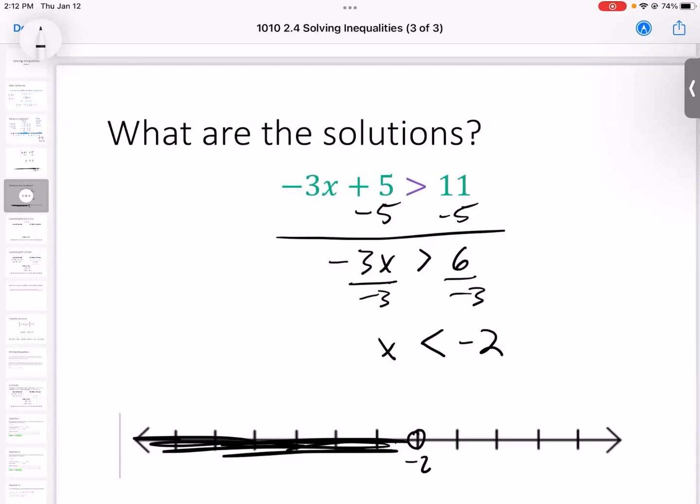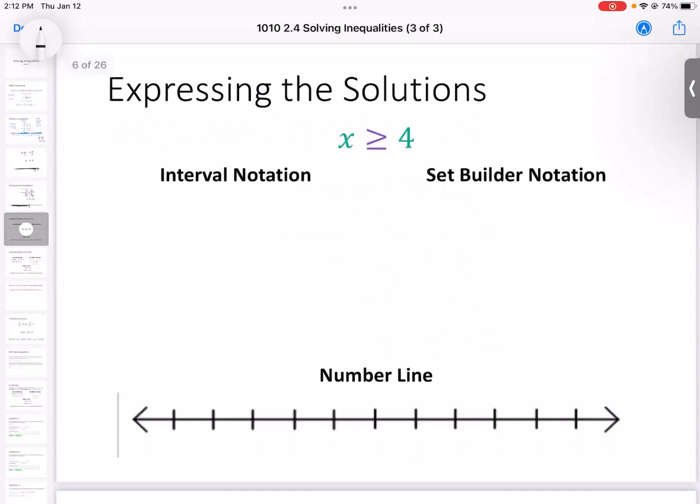All right, so on your homework, there's 3 different ways they're going to ask you to report the solutions to an inequality. So let's say you had some inequality and once you solved it all the way down, you ended up with this solution. So you know that it's all of the numbers that are greater than or equal to 4. One of them is the one we've been using so far, which is a number line.